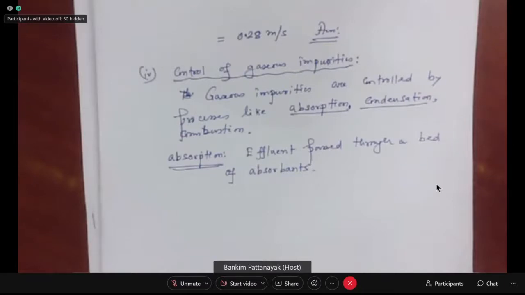There you are trying to separate the physical particles by providing a proper mesh of nets.